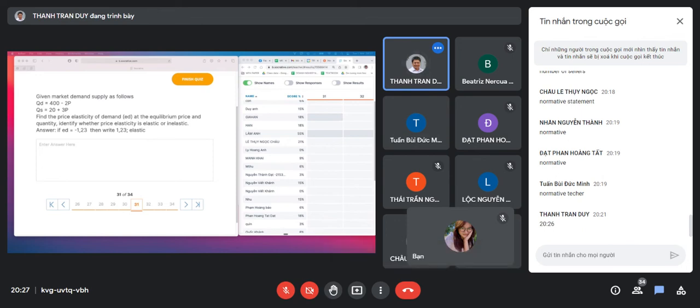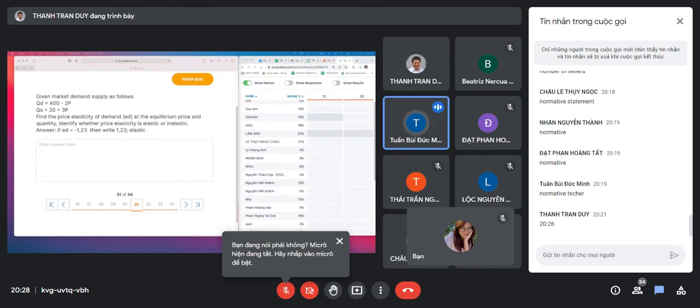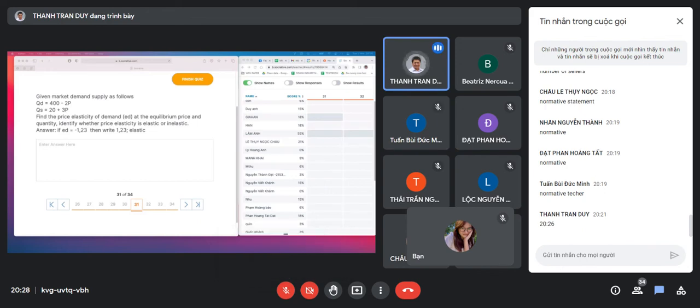Yes, Tuấn? Teacher, the first step is we find the equilibrium price. Exactly, the first step is to find the equilibrium price and quantity.